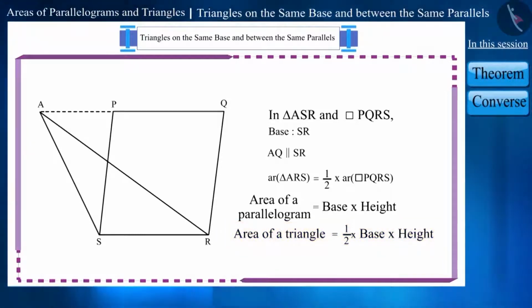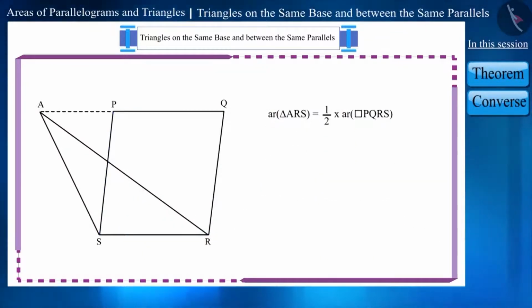And if we look at this figure, can we say that area of triangle ARS is equal to 1/2 multiplied by area of parallelogram PQRS? Yes. Let's call this equation 1.